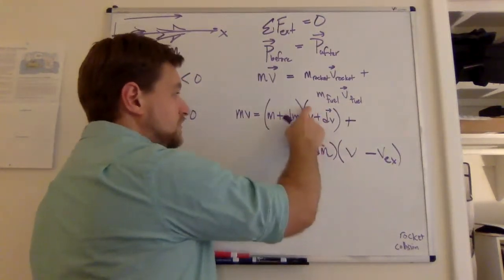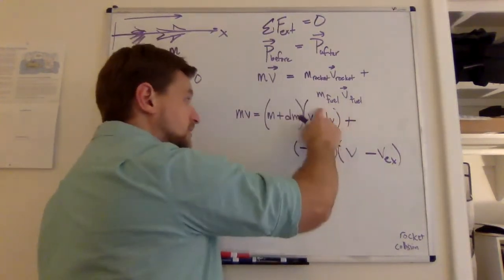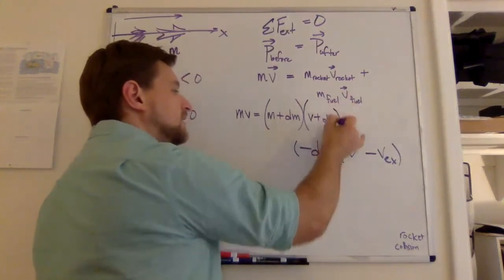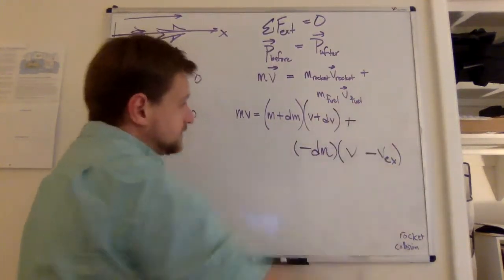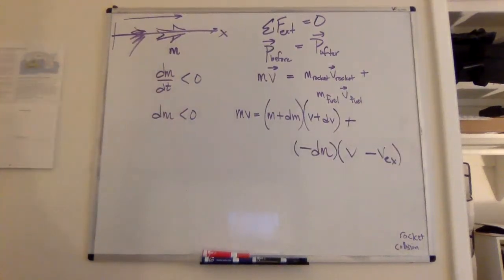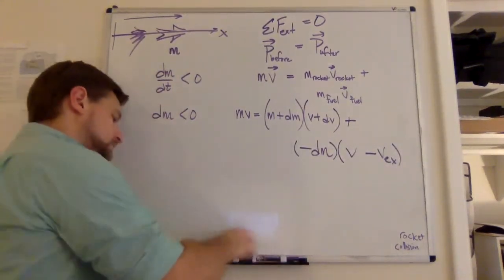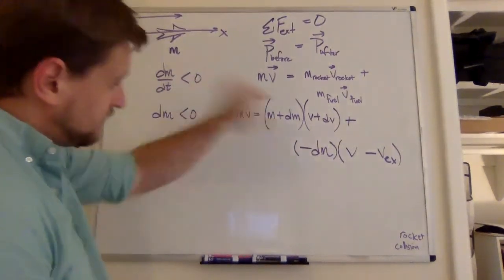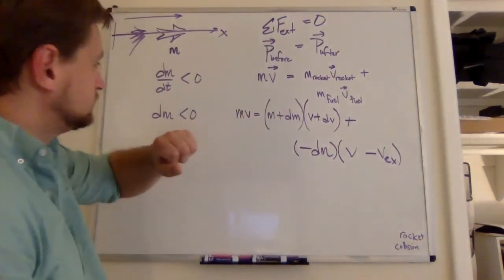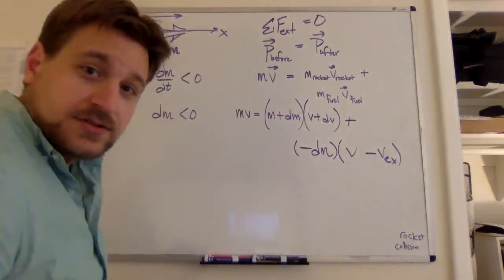I assume that it's going to the right with a little bit extra velocity now. This was rightward, this is leftward. Okay, that's the setup. Let's chase through some consequences.